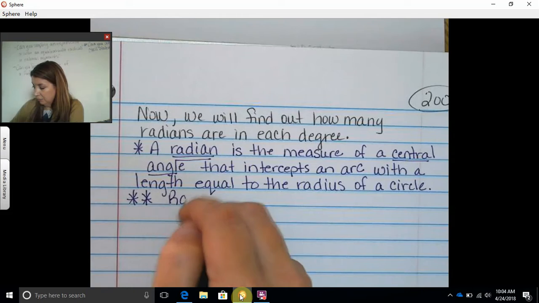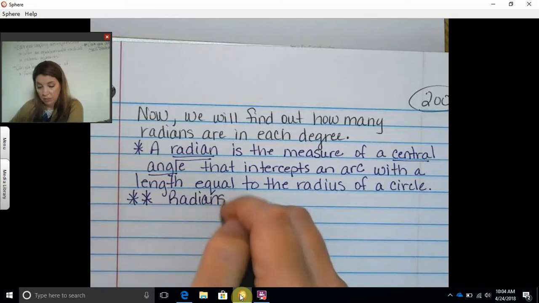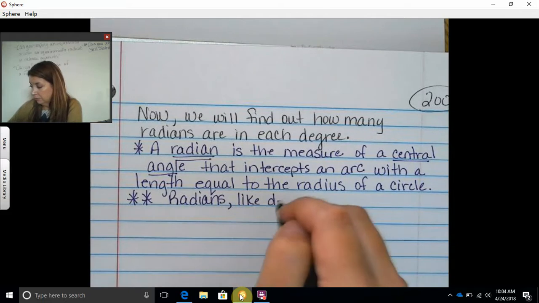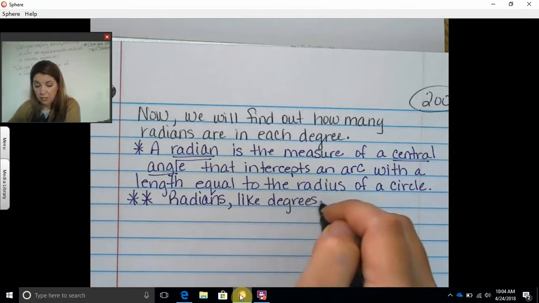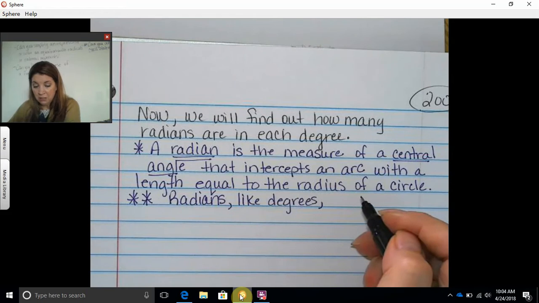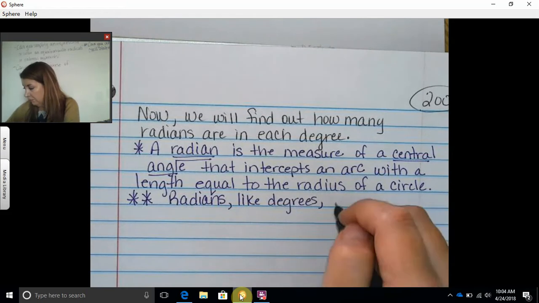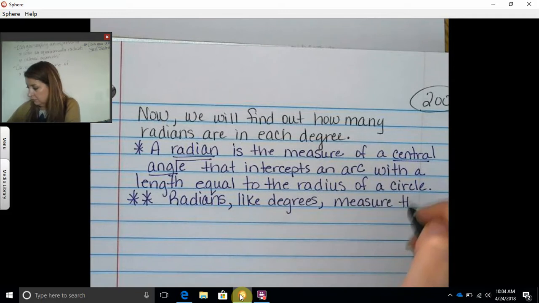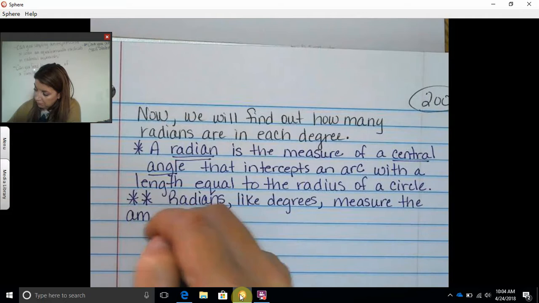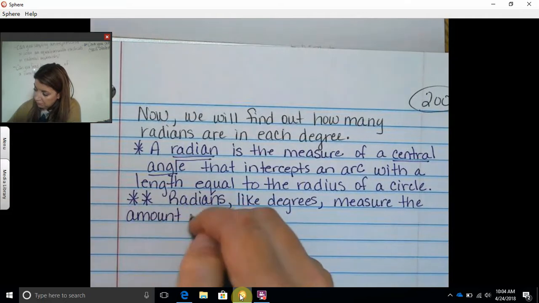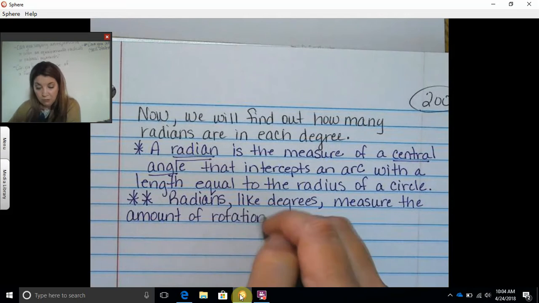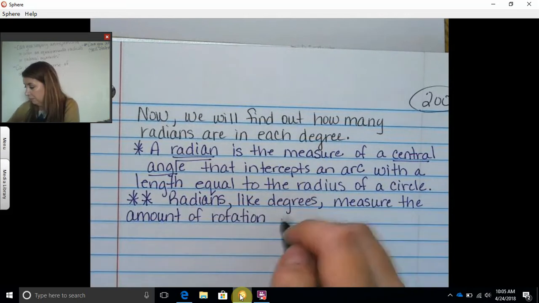Radians, comma, like degrees, comma, measure the amount of rotation from the initial side to the terminal side.